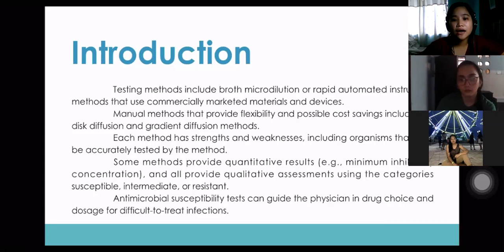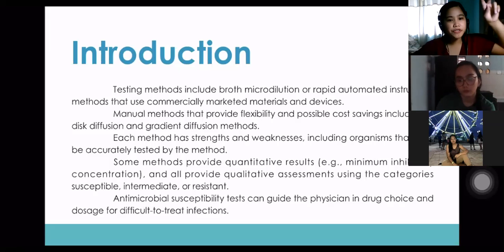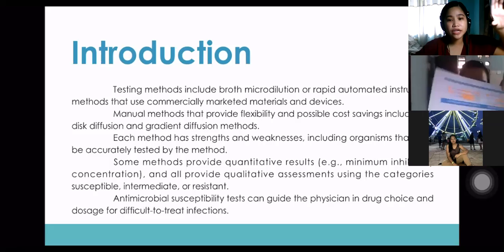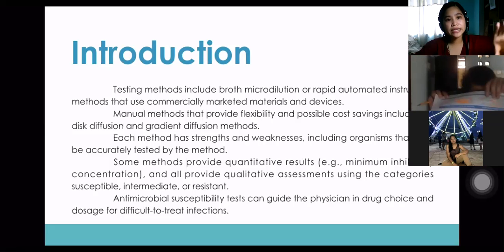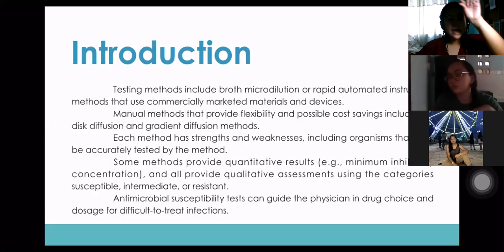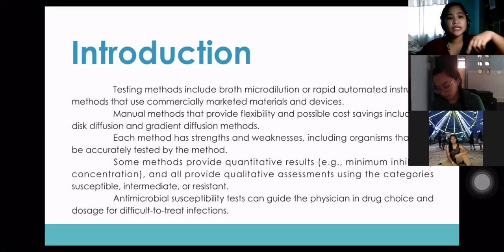Okay, if you have encountered a table, first column of your table is the microorganisms or the name of bacteria. And then next we have these three columns, S, I, and R. So meaning of that, S is susceptible or sensitive, and then I is intermediate, and then R is resistant.